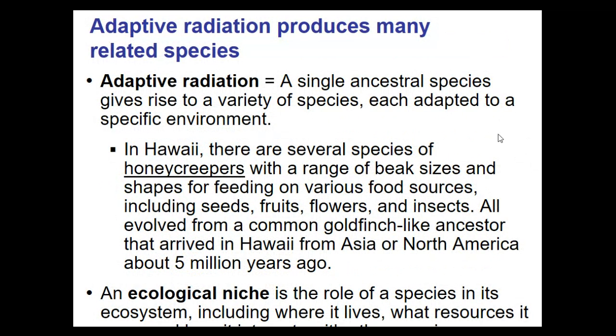This term adaptive radiation just means one species evolving into several different species. To radiate means to spread out, and so it might start with one species, and then it just evolves into a bunch of different species. It's called adaptive radiation. And the example of this is these Hawaiian honeycreepers. This is a famous example of adaptive radiation.